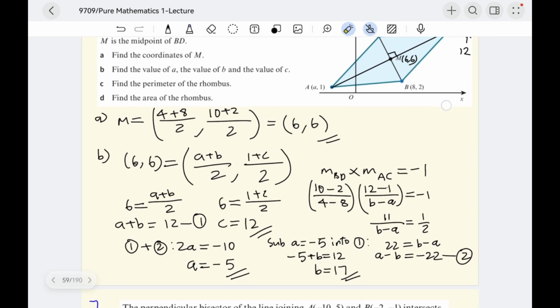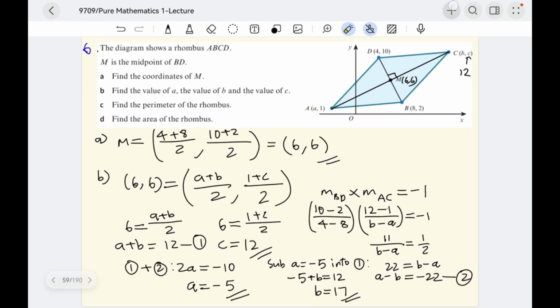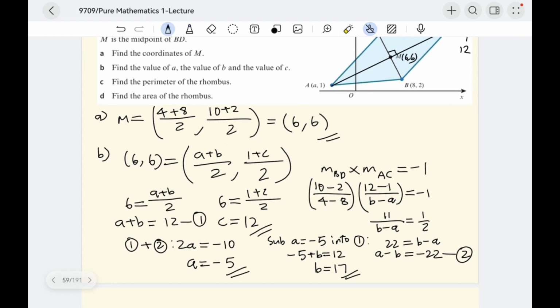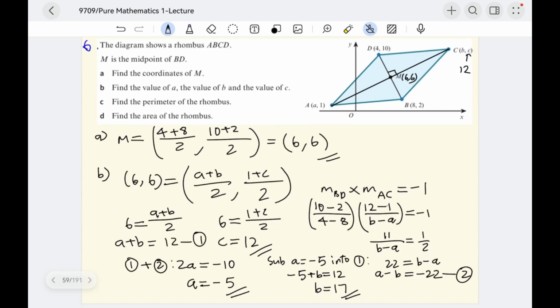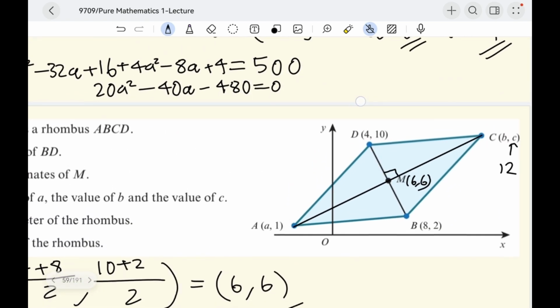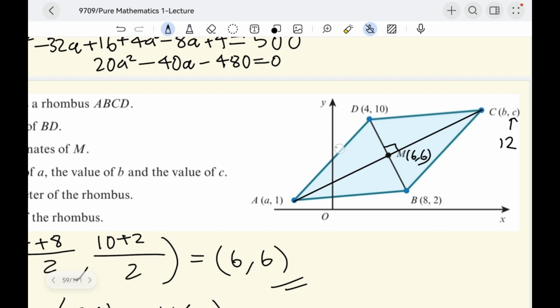Okay, so I don't think I have sufficient space, so I need to create a new page. Okay, let's move on to part C. Find the perimeter of the rhombus. So how to find the perimeter of a rhombus? Following the properties of a rhombus, each side is equal in length.